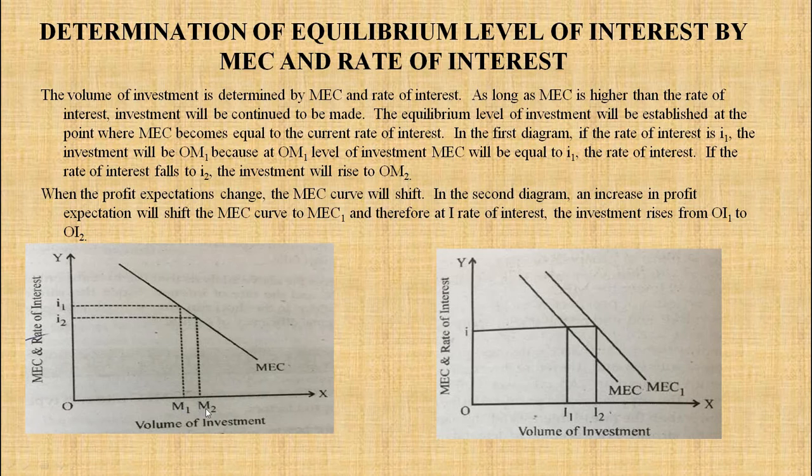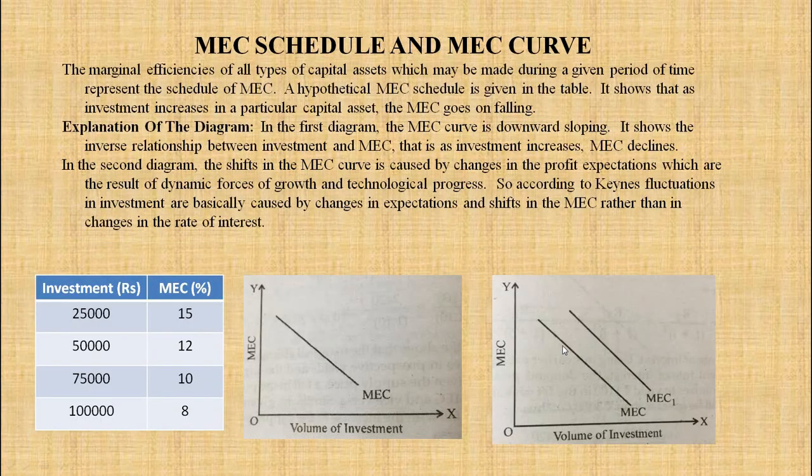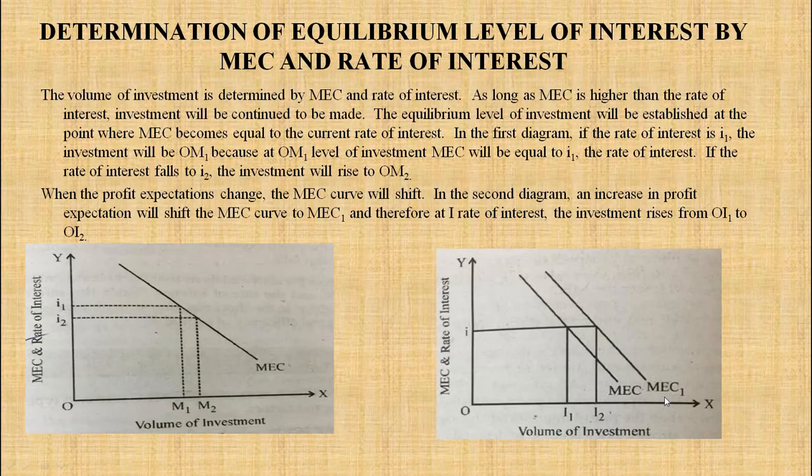When the profit expectations change, the MEC curve shifts in the second diagram. As I told you in the last diagram also, the MEC curve is shifting. Like that here also, an increase in the profit expectations will shift the MEC curve to MEC1.